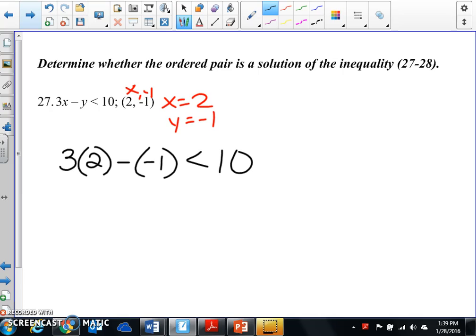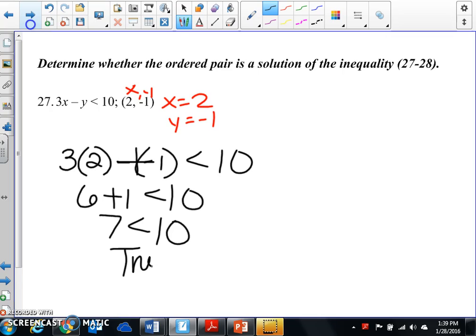Let's do some order of ops. 3 times 2 is 6. I'm going to go ahead and make 2 negatives a positive. 6 plus 1 is 7. Now, the alligator wants to eat the bigger number. So 7 is less than 10. This is true. So since that is true, yes, it is a solution.